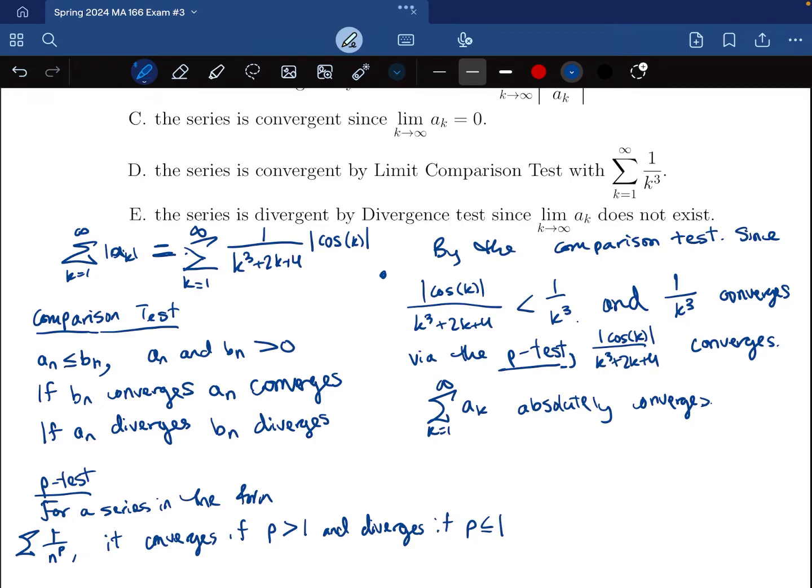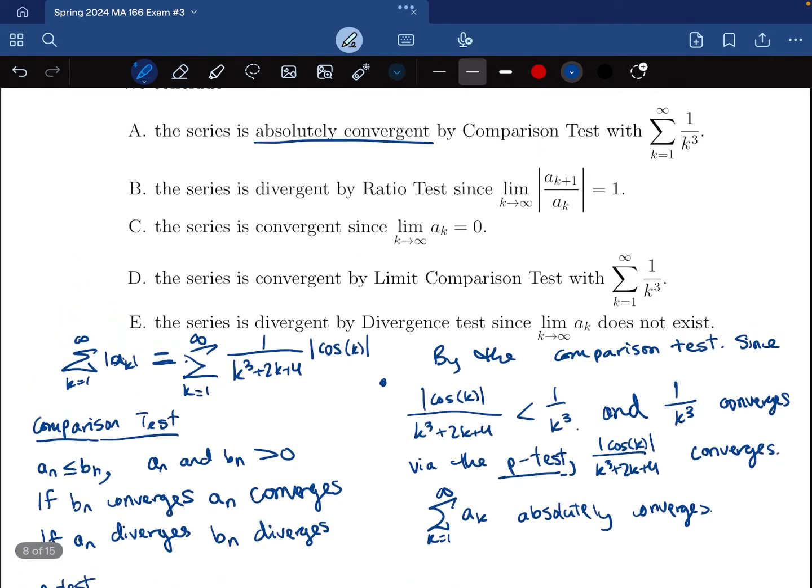Going back up to here, p in this case is 3, so that's how we know that 1 over k cubed converges via the p-test. So A is the correct answer.